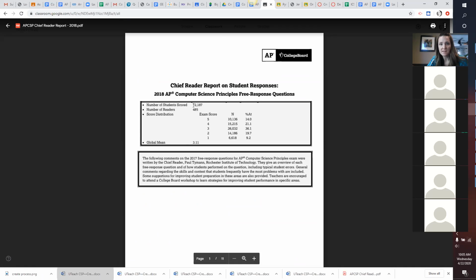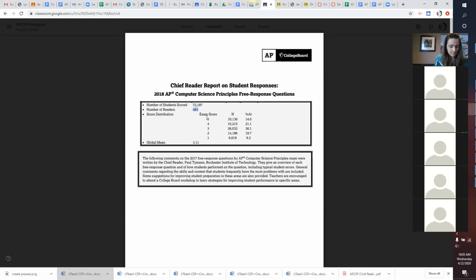here's the number of students that were scored. This is from last year. So 72,000 students submitted these performance tasks. They had 500 readers. And some of you were asking about the score distribution. It is a forced distribution. I don't know if they'll do the same thing this year as they did last year. My guess is yes.